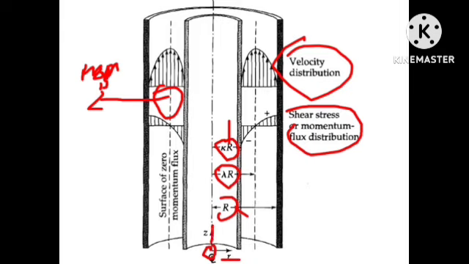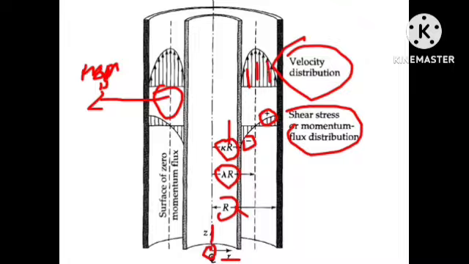Now just see the surface of zero momentum flux. We will consider this as the plus direction and this as the minus direction. This is moving in the upward direction.